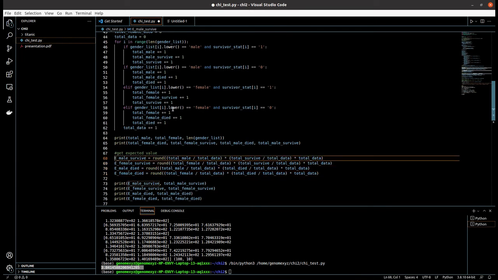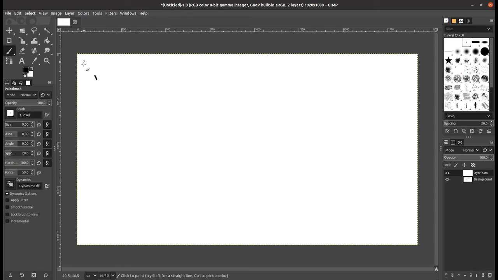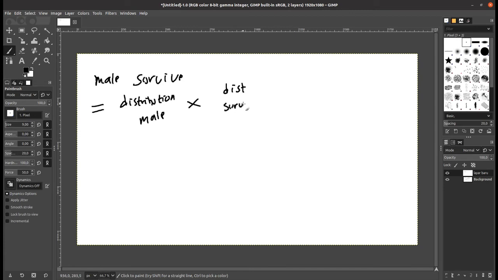And then for the expected value, the formula is, for example, male survive equals the distribution of male times the distribution of people who survive times the total data.